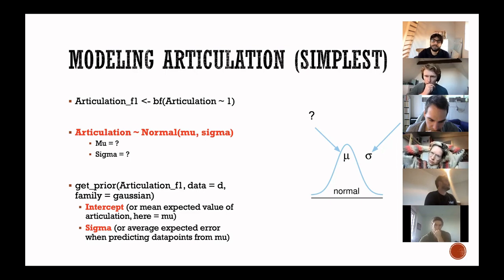While sigma is the average expected error when predicting data points from the mean. That is, if we just use the mean to predict the vowel space area, the next measurement from a new participant, how big should we expect to make an error? It's the same thing as saying the standard deviation. It's just a different way, right? Mathematically, it's the same. Mean expected value, mean expected error.